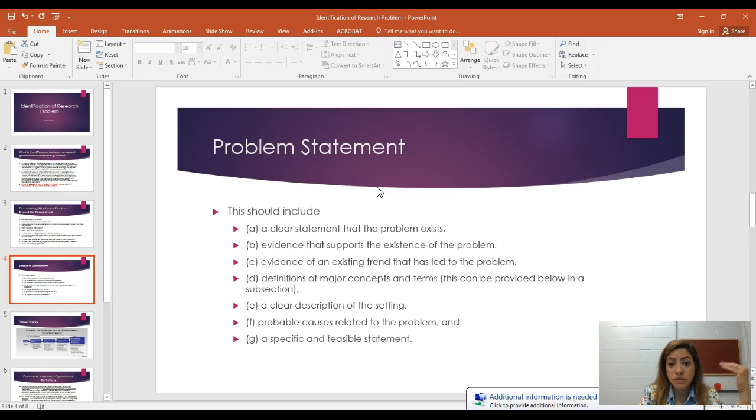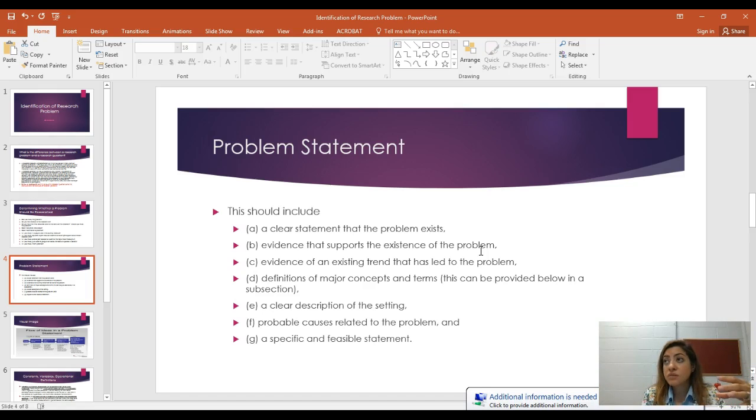Is the statement clear? With the problem stated at the beginning of your statement, give evidence that supports the existence of the problem. You need to discuss with me why this is a problem. You need to convince me that this is a problem. So you first talk about the problem, convince me why it is a problem and how it exists, with evidence and examples.